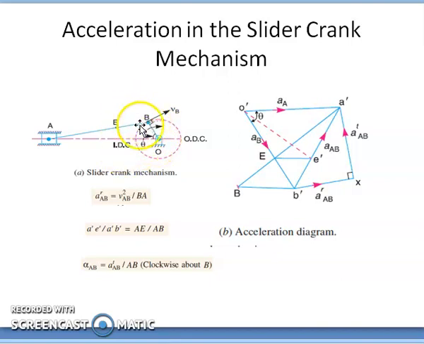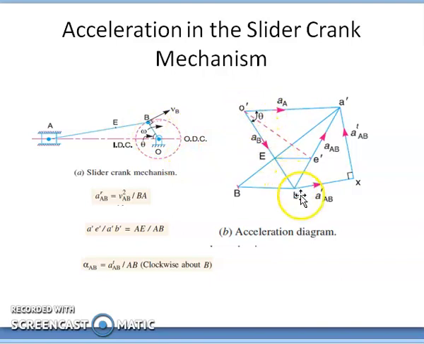As seen, the radial component of acceleration will be directed towards the center of rotation. So the point B is going to rotate with respect to the point O. So O acts as the center of rotation. So the O'B' acceleration vector will be from B to O. So you draw a line parallel to OB from the fixed point O'.